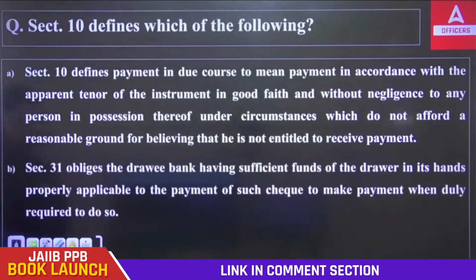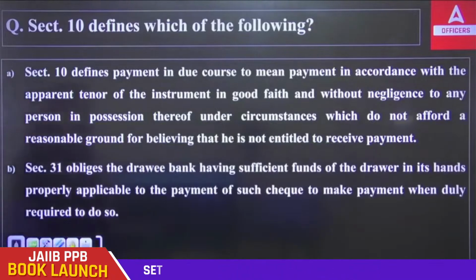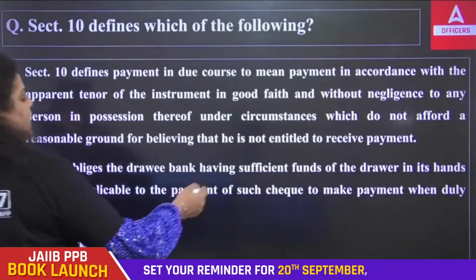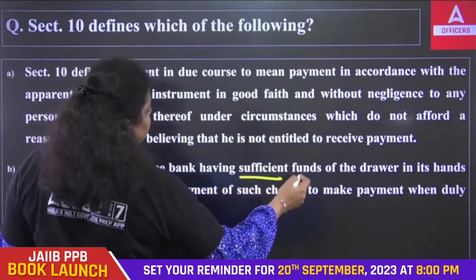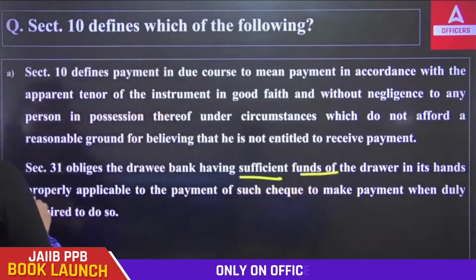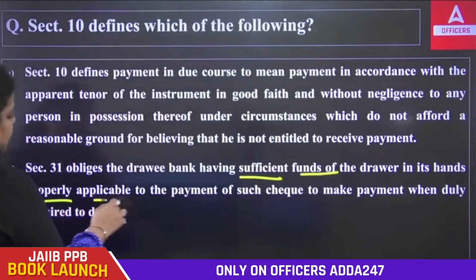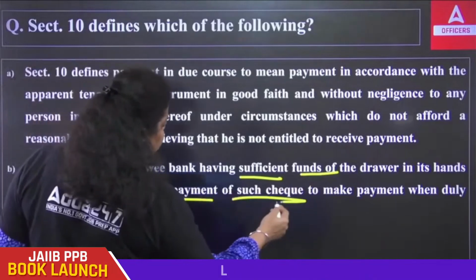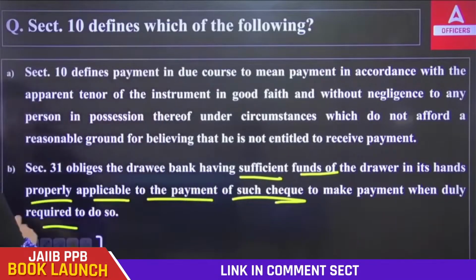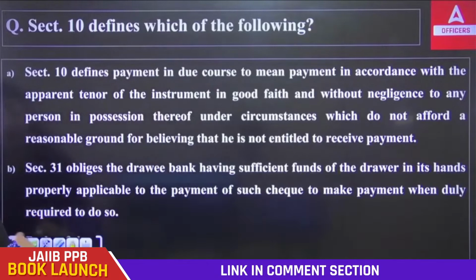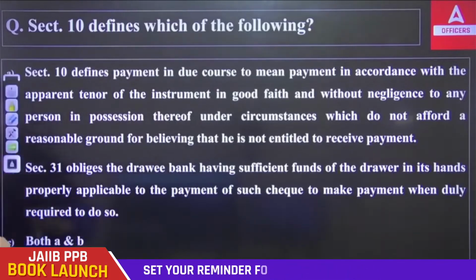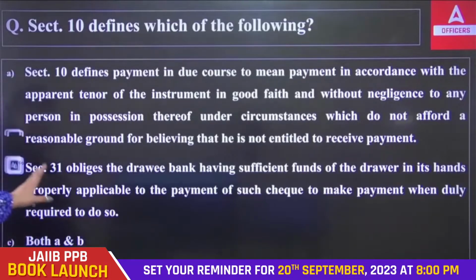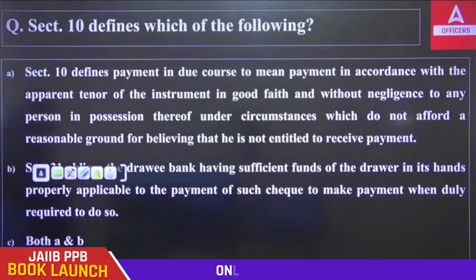The second is saying section 31 obliges the drawee bank having sufficient funds of the drawer in its hands properly applicable to the payment of such check to make payment when duly required to do so. And the third option is both A and B, and the next option is none of the above. So what do you think, which of the following is correct?